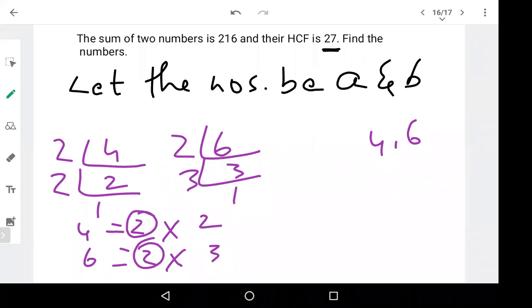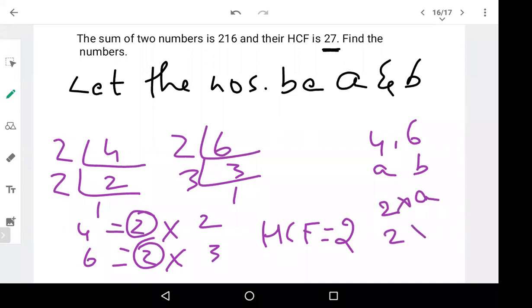Correct? Now suppose this is my number A and this is my number B. Since 2 is common in both of them and my HCF is also 2, I can write them as 2 into A and 2 into B. Can I write it like this?